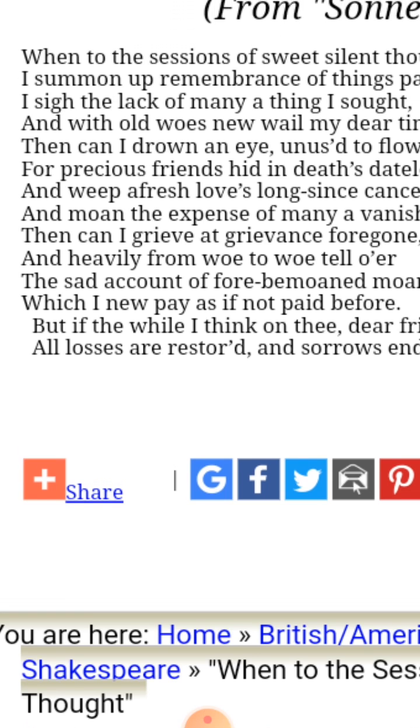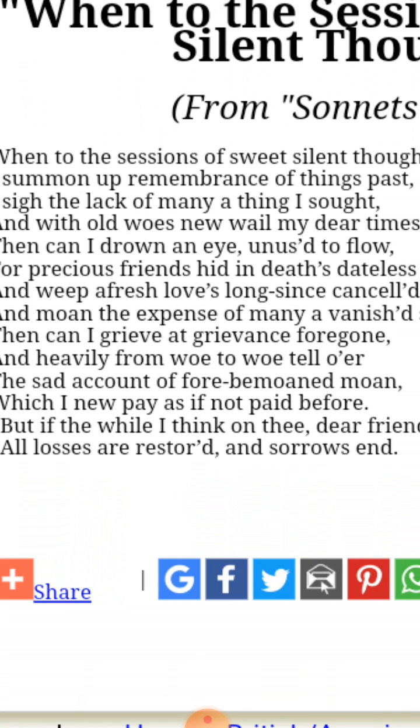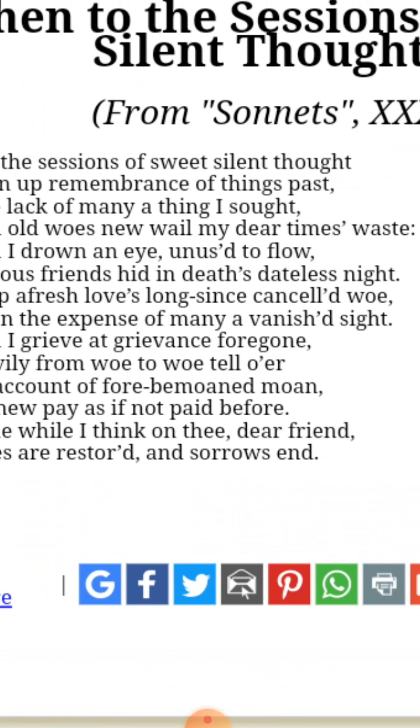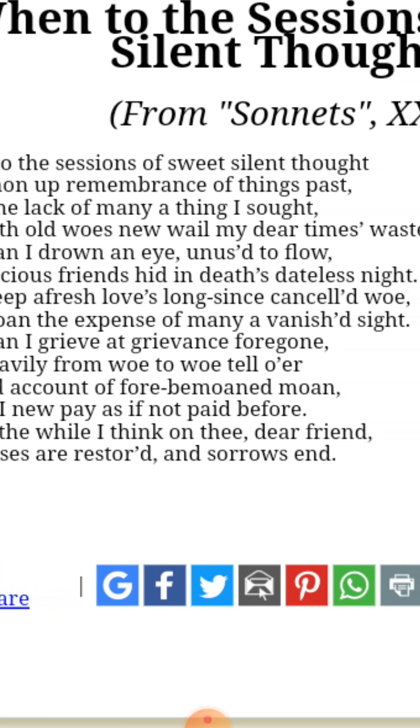And now this is the last couplet, where the poet says that one thing can make him happy: but if the while I think on thee, dear friend, all losses are restored and sorrows end.